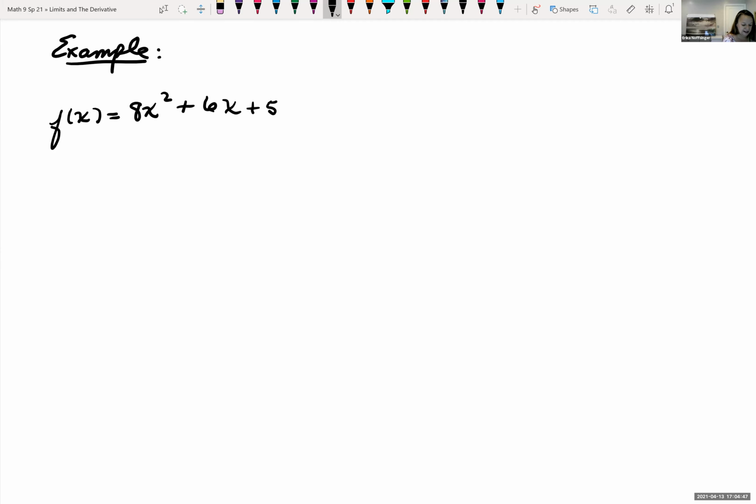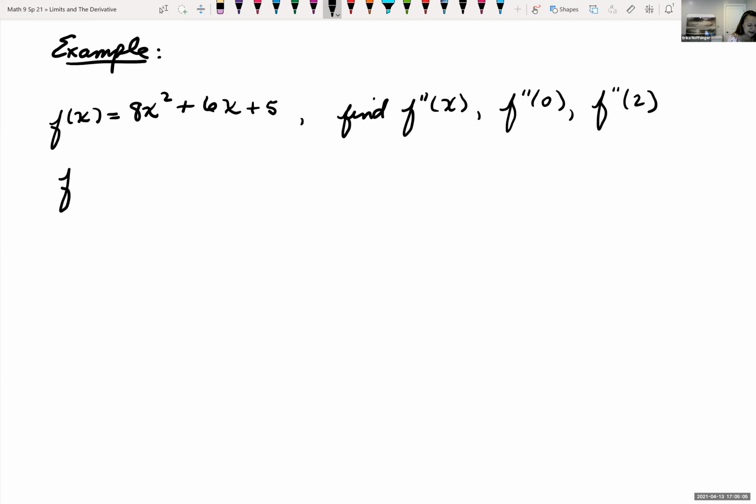We want to find the second derivative, so f double prime of x. We want to find the second derivative at 0, so f double prime of 0. And the second derivative at 2, so f double prime of 2. So this isn't bad, right?